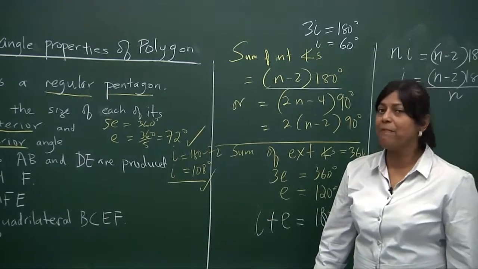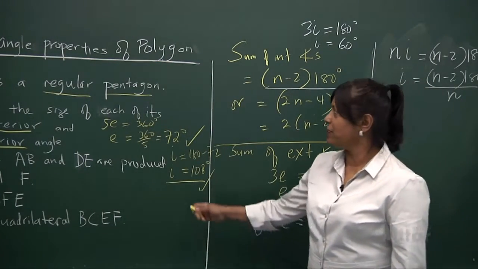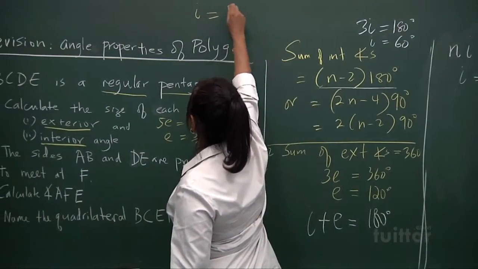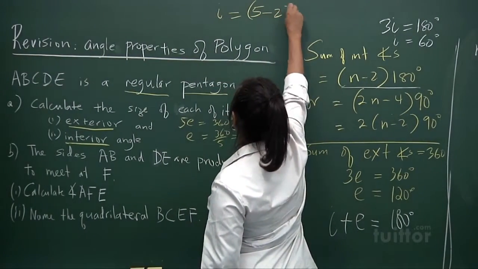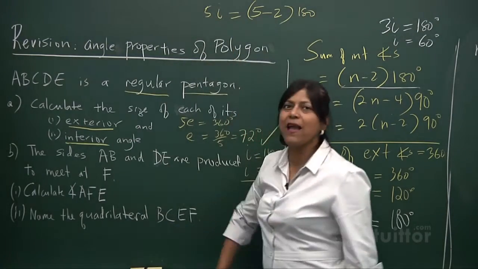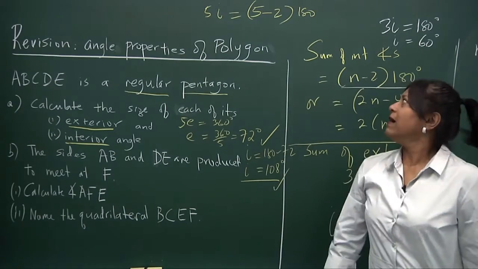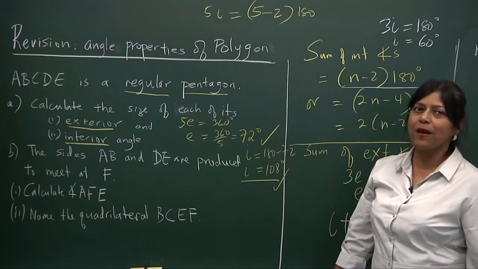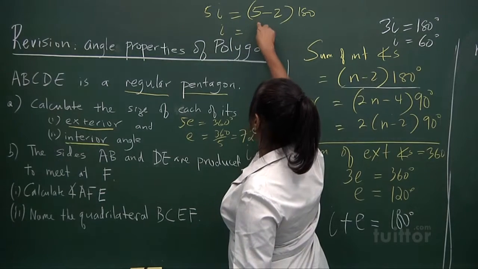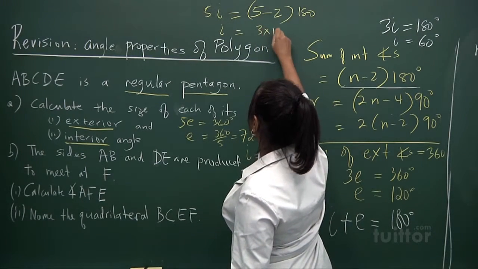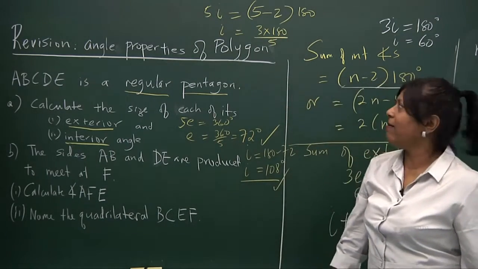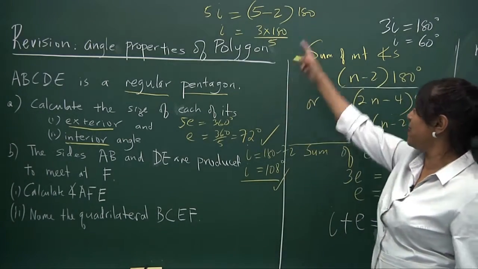What about another method? Method 2 for interior angle. The interior angle equals the sum of interior angles divided by the number of interior angles, and it's got 5 interior angles. So you want to find out what is one interior angle. You just put here 5 minus 2, which is 3, times 180 divided by 5. 5 interior angles, and that's the sum.